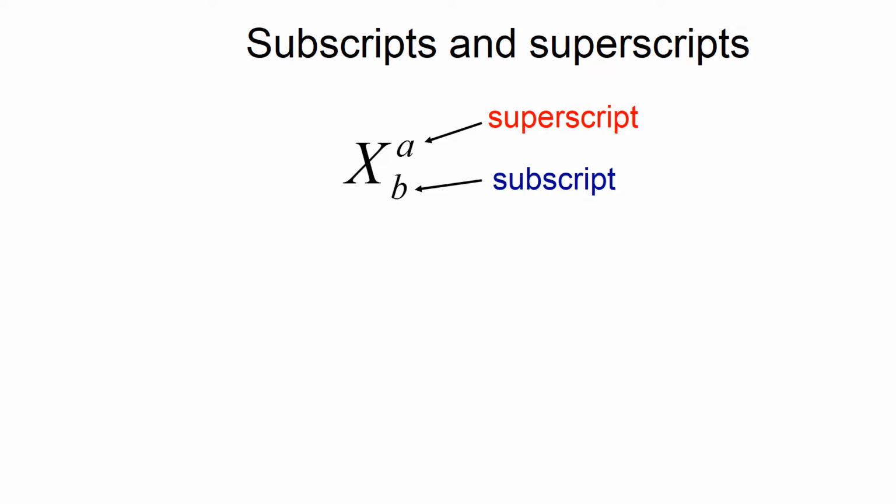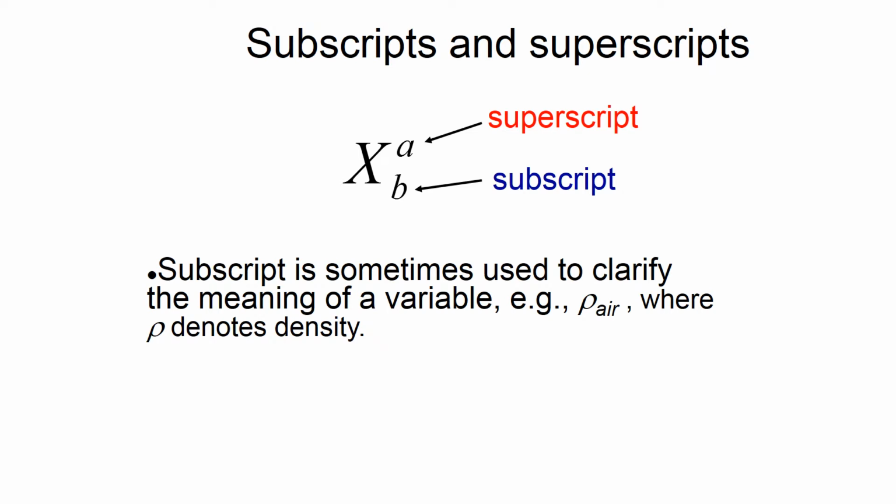Sometimes, if we have a series of numbers, a sequence, the subscript might determine where you are in that sequence: the first number in a sequence, the third, fourth, fifth. But it's mostly used in science to tell us something about the variable that we're measuring. So for example, we've got rho here. It looks like a P, but it's actually the Greek letter rho.